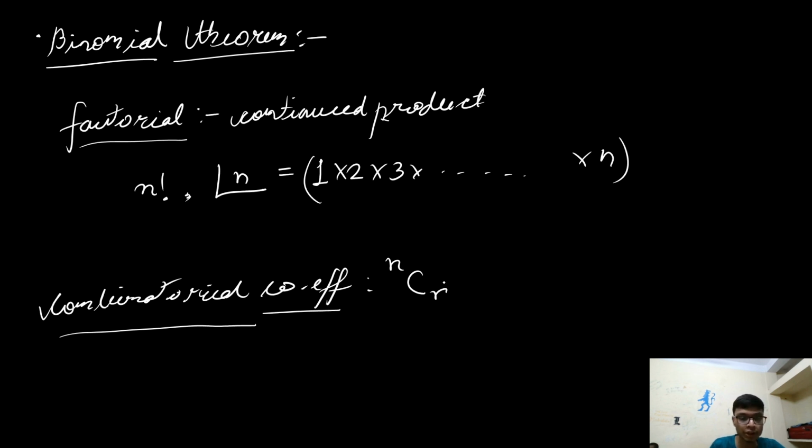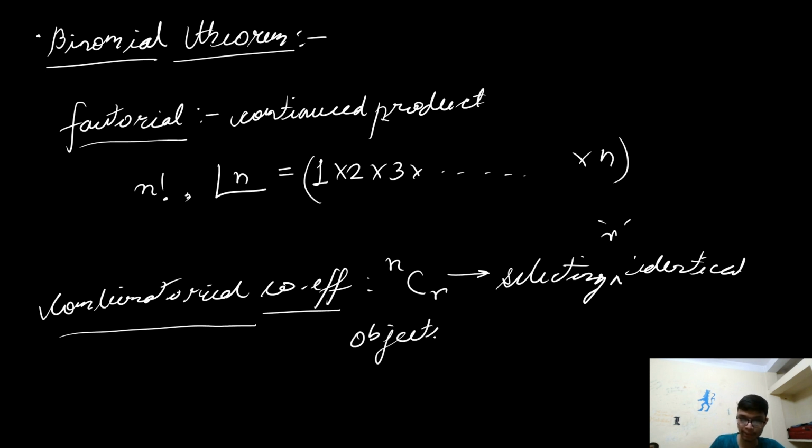If you have covered the topic of permutation and combination, you will be very familiar with this notation. This notation refers to selecting r identical objects out of a total of n objects. So if you are given n objects, and you are told to select r objects out of those n objects, then we use the notation nCr. That definitely means combinatorial coefficient.